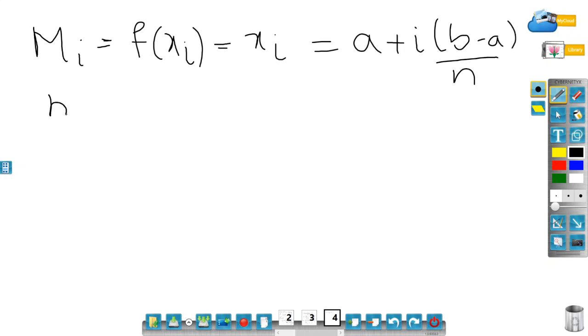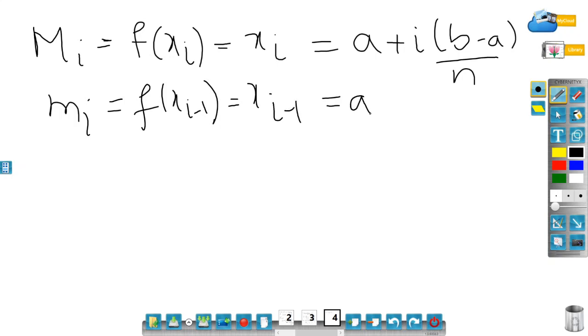And similarly, my small mi is f at xi minus 1, which is xi minus 1, and which is a plus (i minus 1) times (b minus a) upon n. Right.